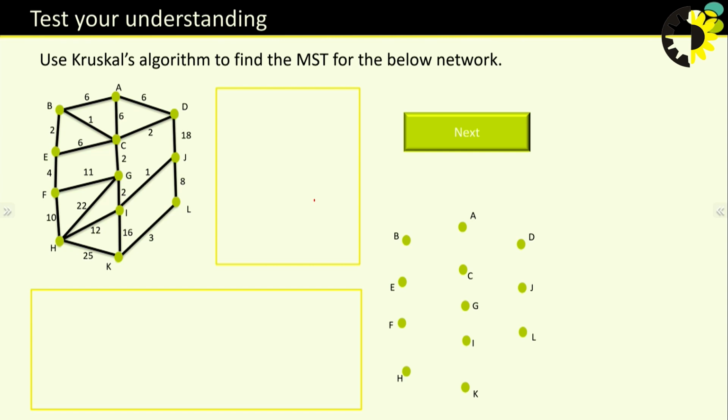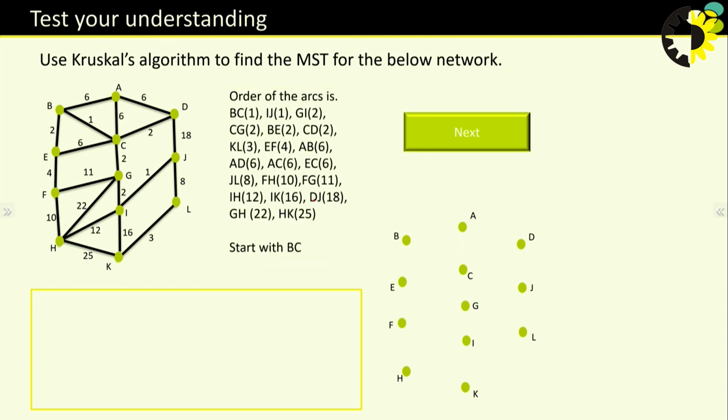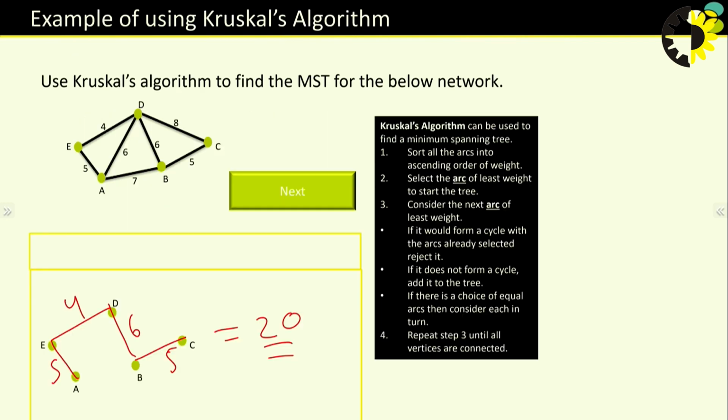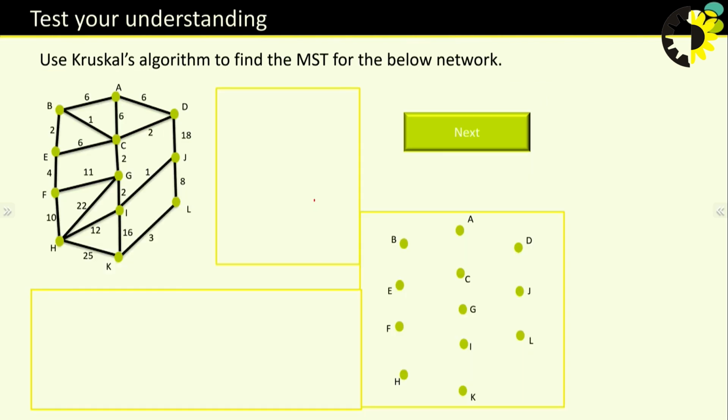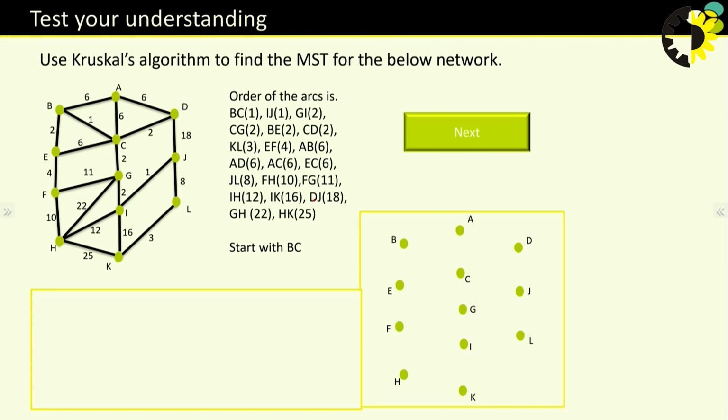Then again we will select all arcs in ascending order. Here BC, IJ, GI, CG, BE, CD, KL, EF, AB, A6, AD.